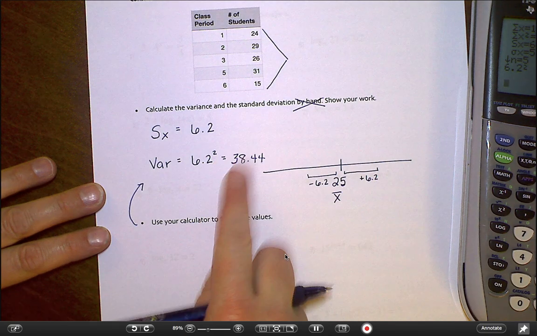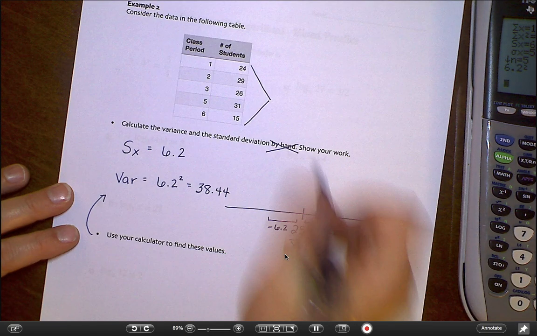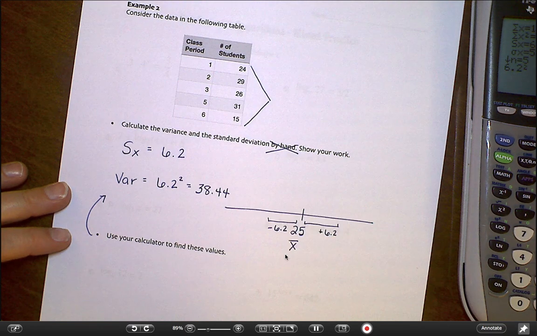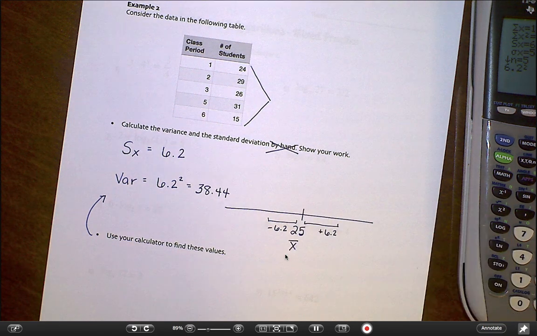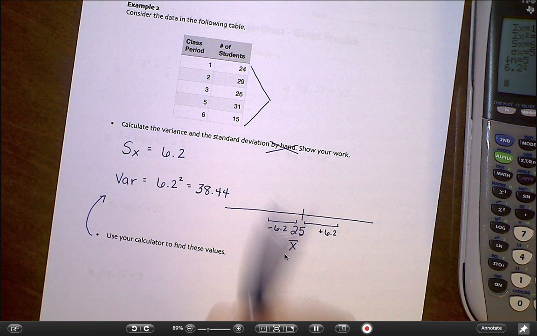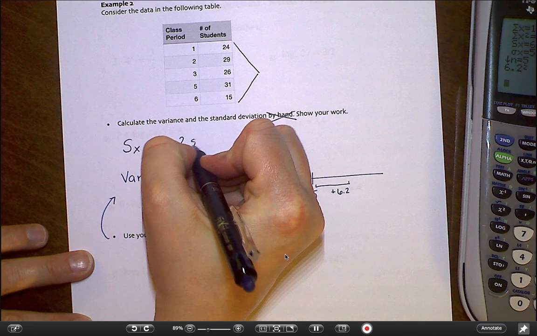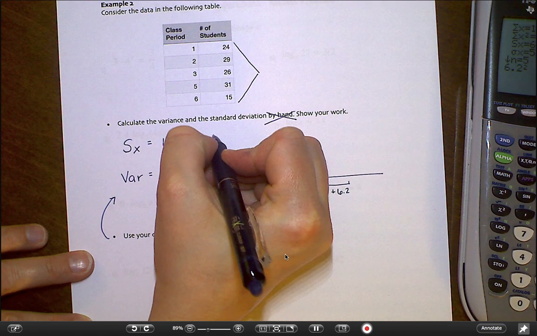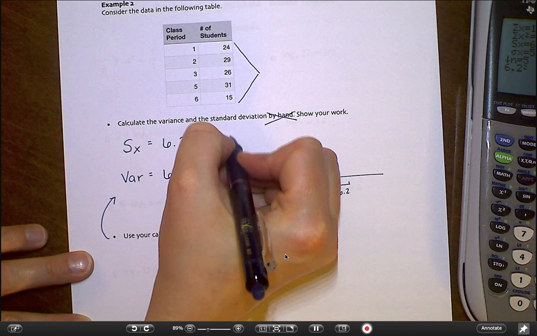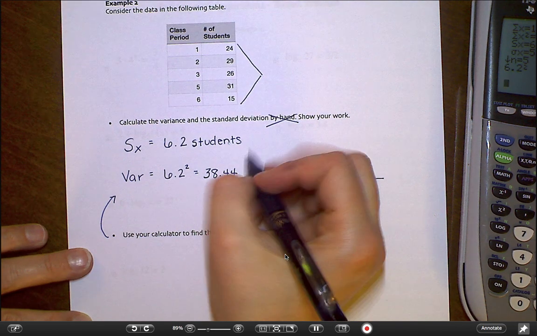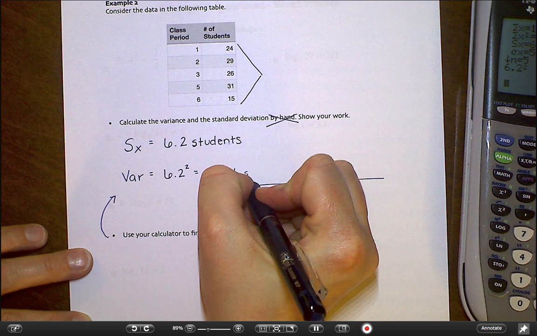That is approximately the value you should find if you were to subtract all of these things from the mean, then square those deviations, then find the average. That would be this. The problem is, this 6.2, we know what this is measuring, right? This is measuring students, because that's what my original data set was measuring. This would be like square students.